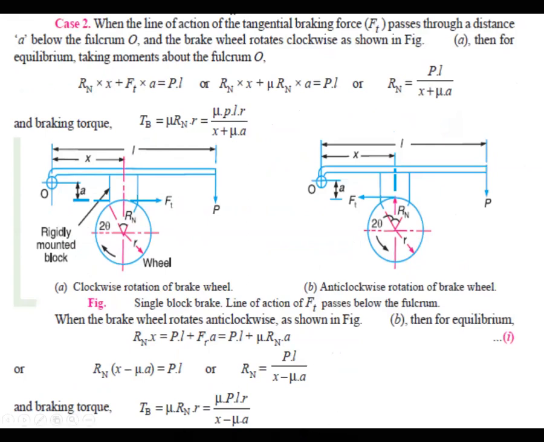Case 2 deals with the anti-clockwise direction. So this is the formula, for braking torque. The same principle we are taking here, the same principle we took previously to derive this.